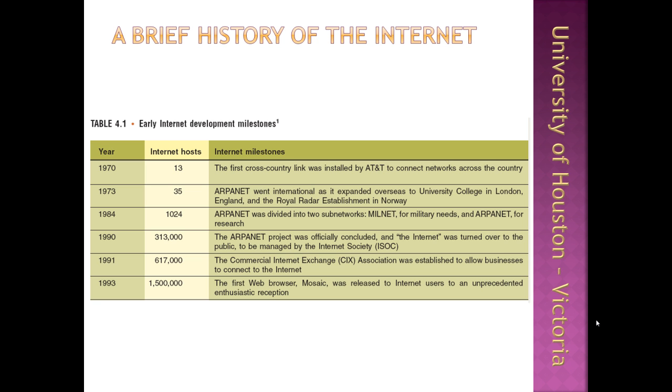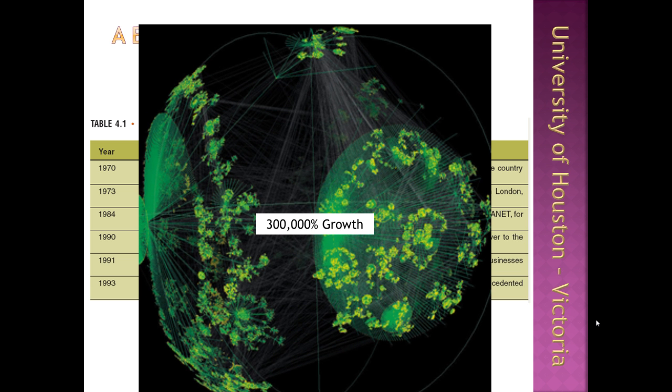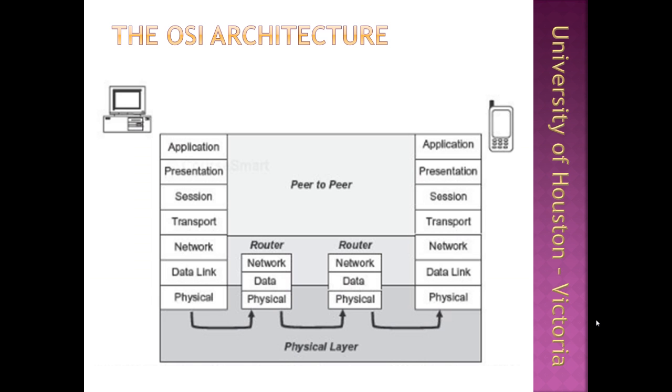The first web browser is called Mosaic, and it was released to internet users to allow them to surf the contents of the internet in a very seamless and fluid way. And that exploded the internet to what we have now.